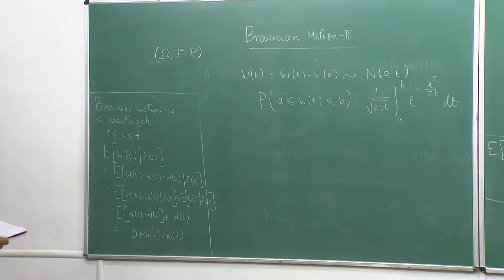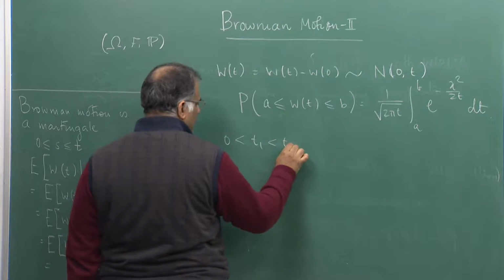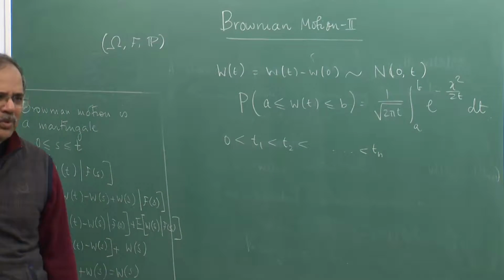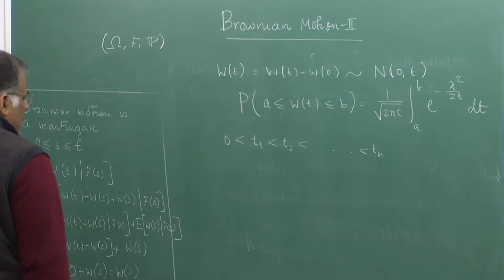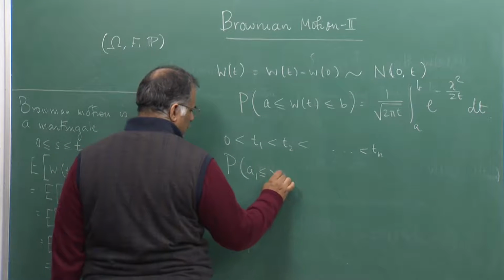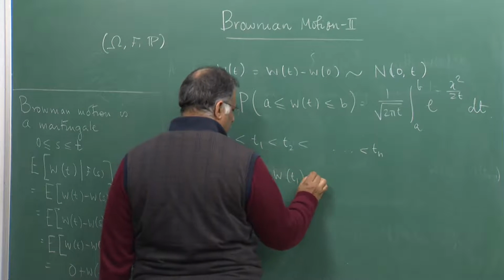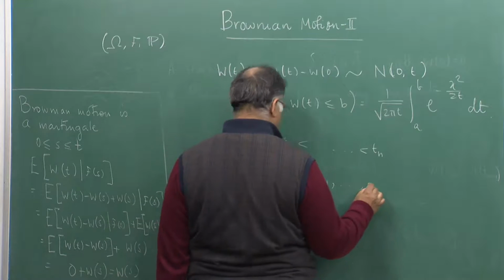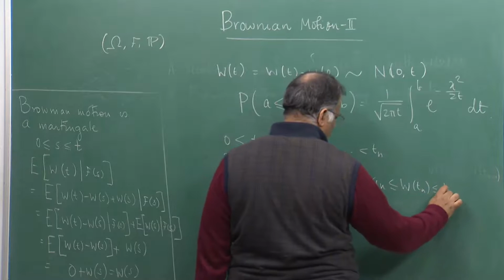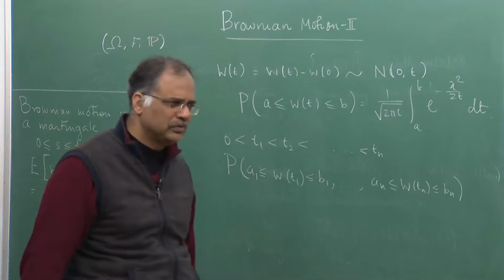The question is, suppose I have now n time points which are greater than 0, where 0 I know where it is. So, you have these n time points and we ask the question how to find, say, Wt1, how do I do it?